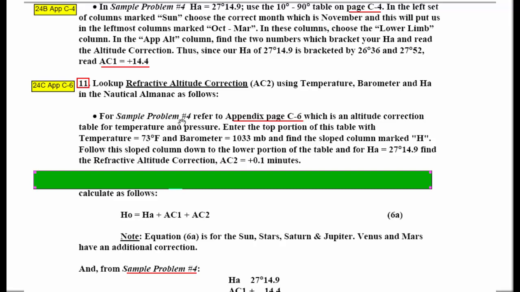So from sample problem number 4, appendix page C6, which is the altitude correction table for temperature and pressure, enter the top portion of this table with temperature 73 and barometer 1033 millibars and find the sloped column marked H. Follow the sloped column down to the lower portion of the table for HA 27 degrees 14.9 and find the refractive altitude correction AC2 equals plus 0.1 minutes, not very much.